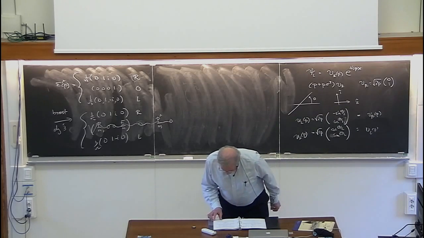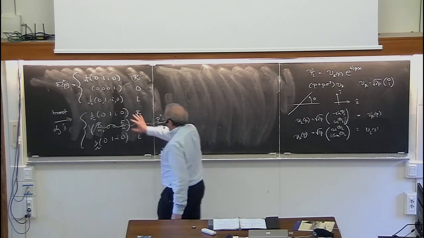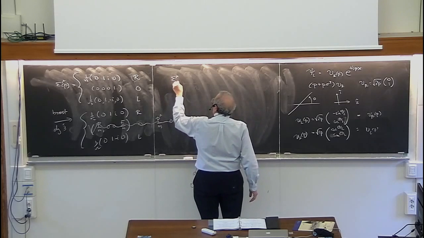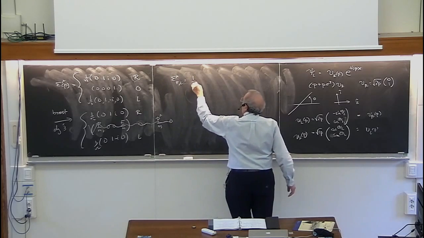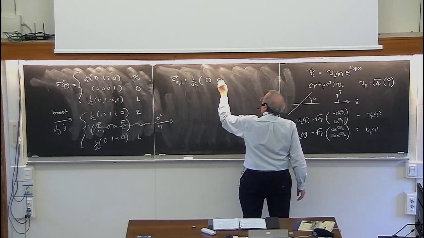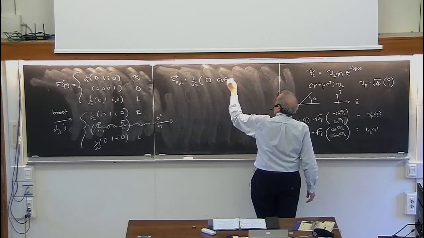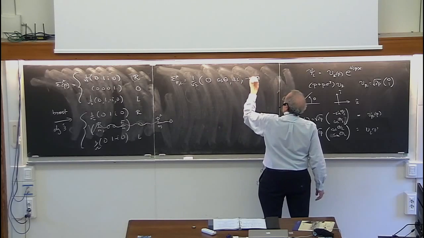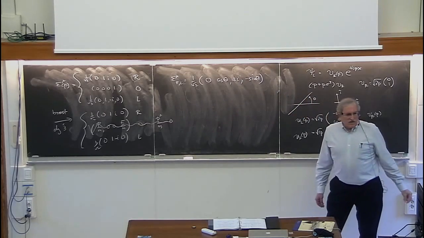Once again, it'll be useful to think about what happens when you rotate these vectors. And so R and L, 1 over the square root of 2, 0, cosine theta plus or minus 1, minus sine theta, is the rotated version.